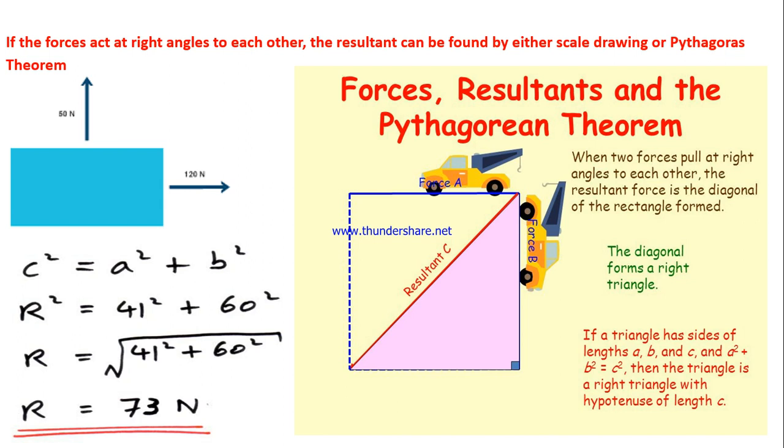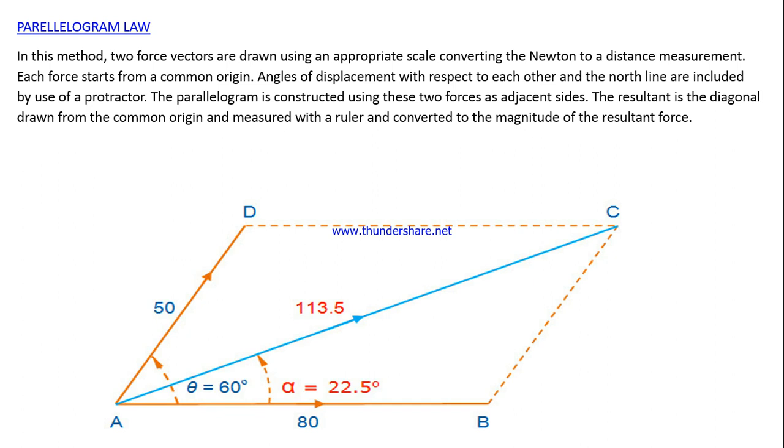Now, if the forces are not acting at right angles to each other, but at some other angle, in this case 60 degrees, we're going to have to use the scale drawing method. Scale drawing simply means we're going to use a ruler and a pencil.